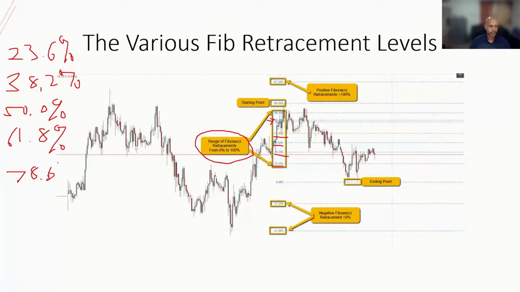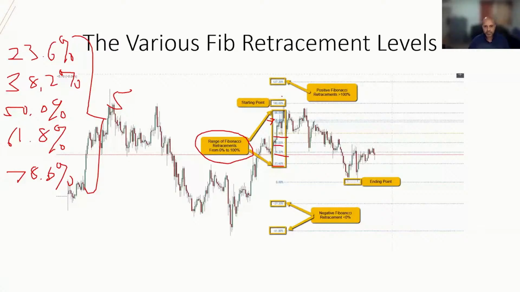So do take note, these are the 5 key retracement levels: 1, 2, 3, 4, 5. 23.6%, 38.2%, 50%, the golden ratio 61.8%, and of course the 78.6%.